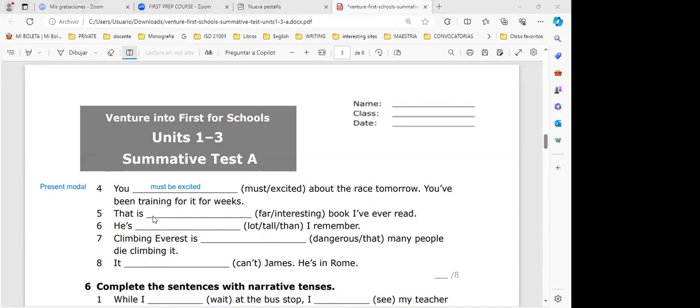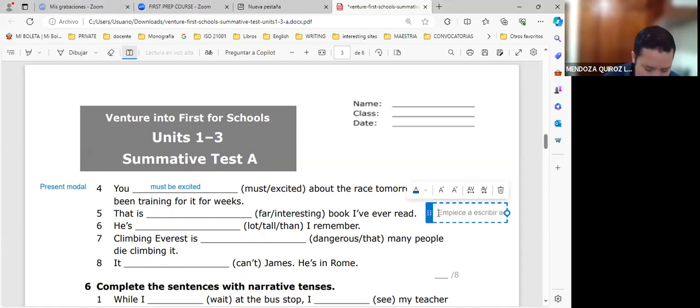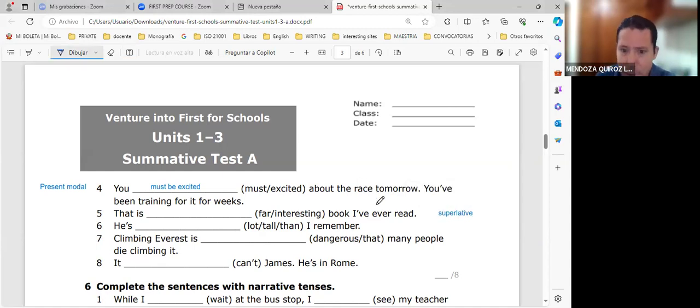Andrea, number 5. That is so far the most interesting book I ever read. I'm going to help you out. When it says far, you have to use the superlative form. For example, here, the most interesting book. Another element that helps you decide is the use of a present perfect.